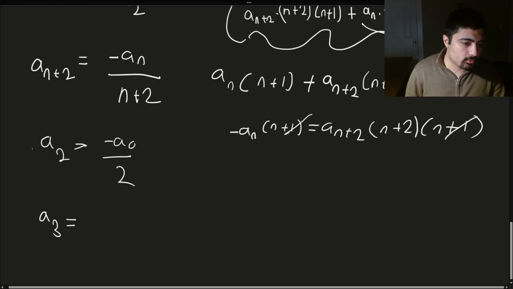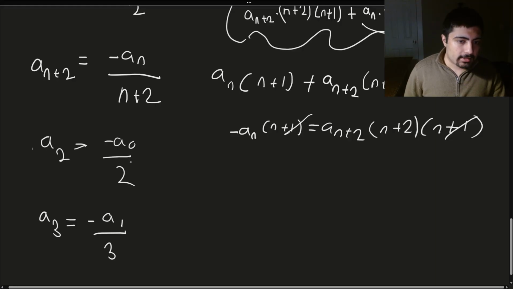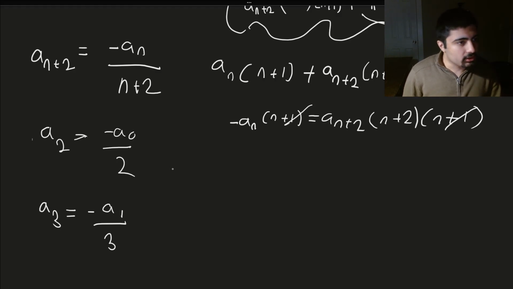So a sub 3 will be equal to negative a sub 1 over 3. And then a sub 1 and a sub 0 will be our base variables, our free variables. Actually, more of a constant. Think about like a C1 and C2 in previous differential equations.